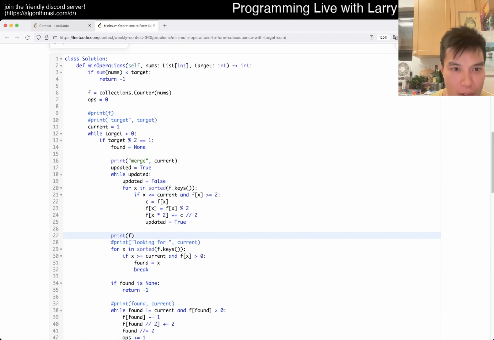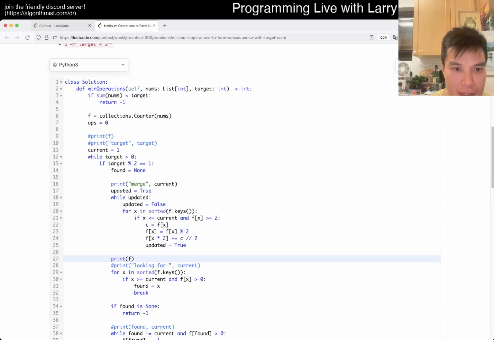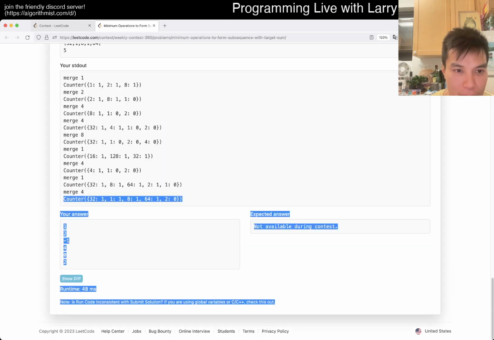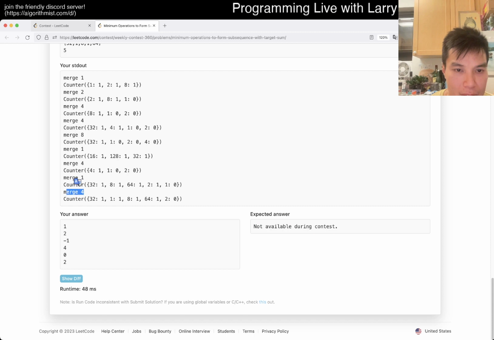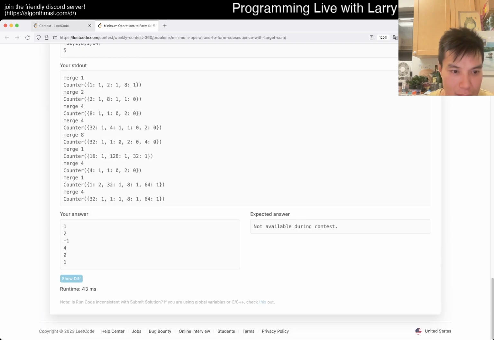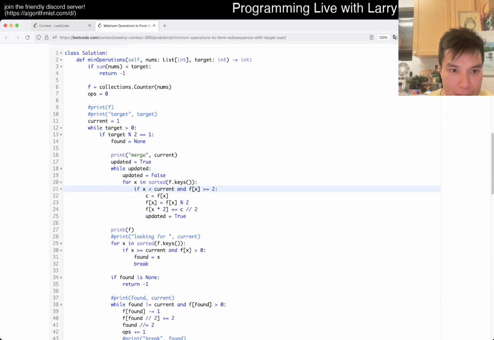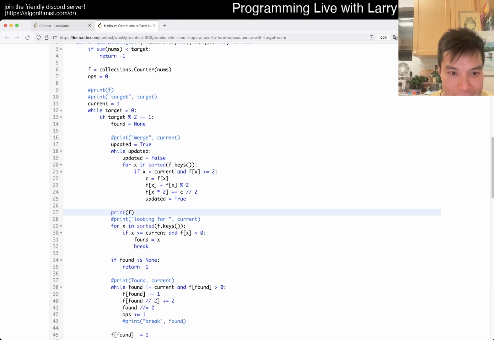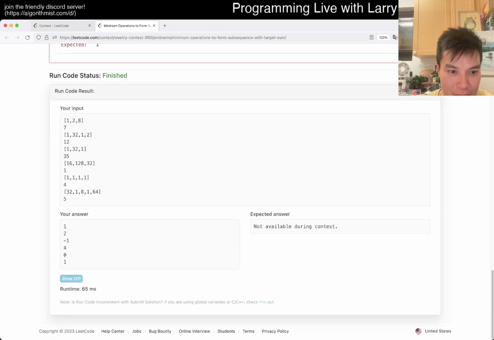Why? Merge 4. I merge all the ones. Oh no, this shouldn't be. This is actually wrong. That was a rough fix.